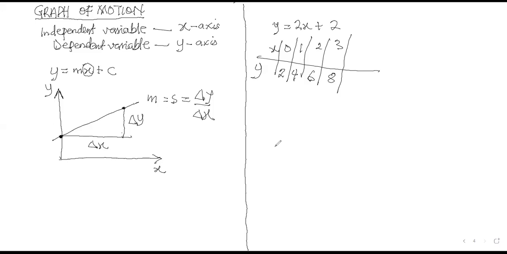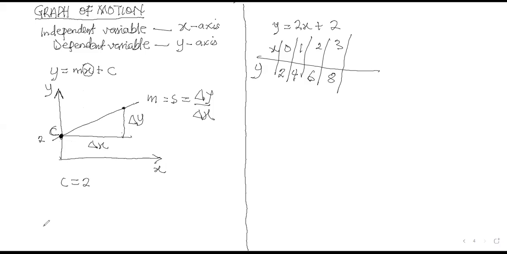Okay, so the c represents where the graph cuts the vertical axis. Where the straight line cuts the vertical axis is what we are representing as c. So assuming you draw a graph and the graph cuts the vertical axis at, say, 2, it means your c is equal to 2.